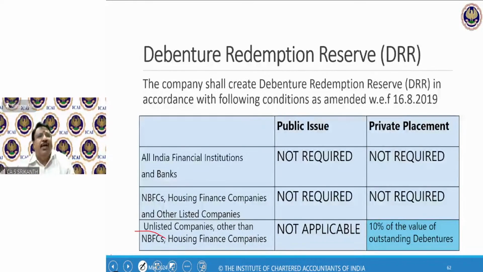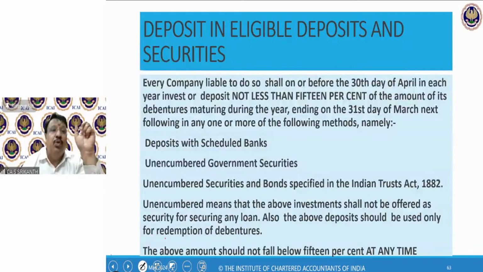Just ensure that you have liquidity at the time of repayment of the debenture so that you pay them off. Makes sense, because the return on investment here is better. Unless you want to mitigate that risk and say, I want to be careful about it, so a portion of it I'll keep separately in a less risky investment. That's what they're trying to say, which is what they want you to do.